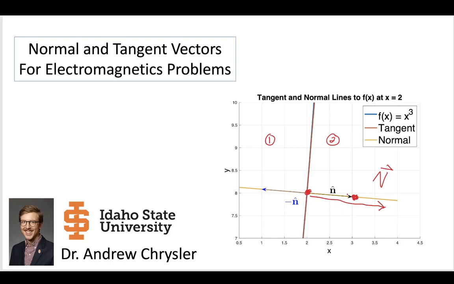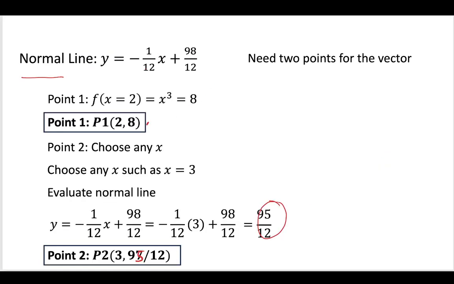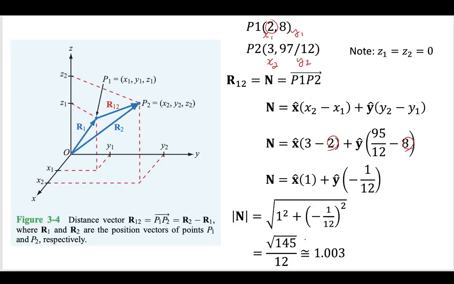It's almost 1, and that's because the slope of the normal line in this particular example problem is just minus 1/12, so it doesn't change that much. That's why it's so close to being 1.